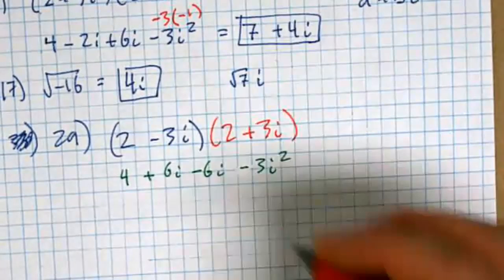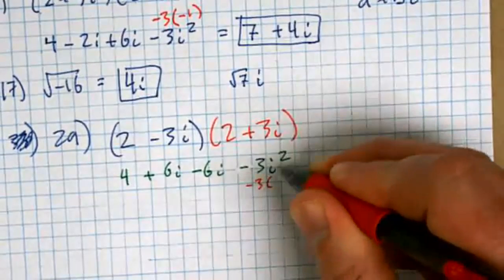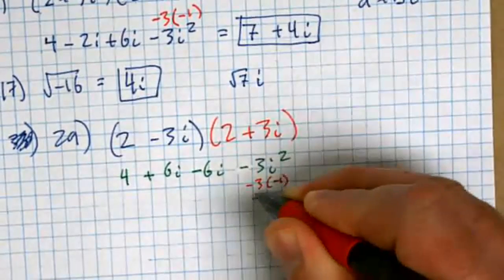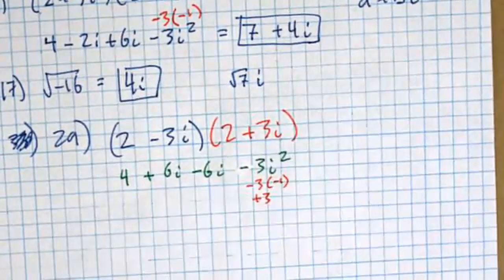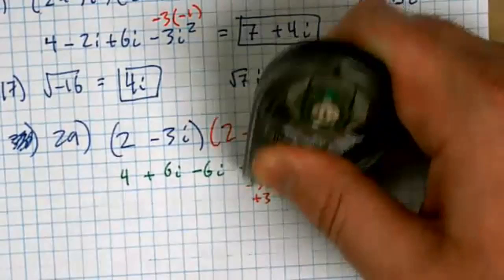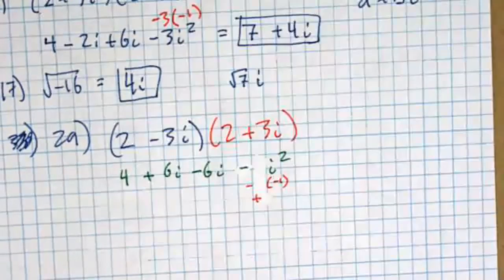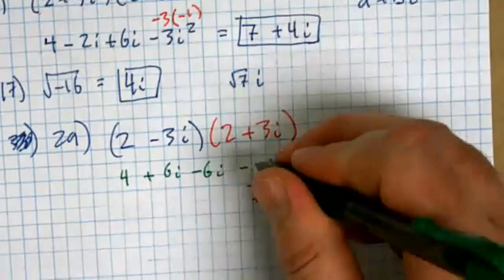That's really negative 3 times i squared, and i squared is negative 1, so that's really a plus 3. And I keep messing this up. It's not 3, it's a 9.